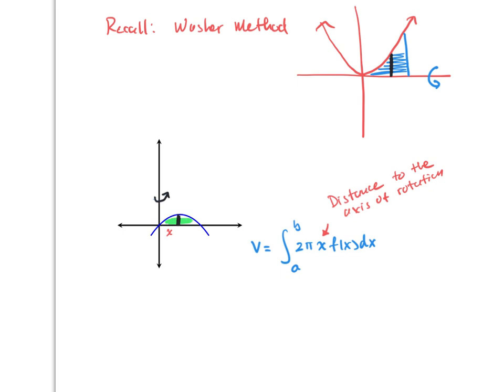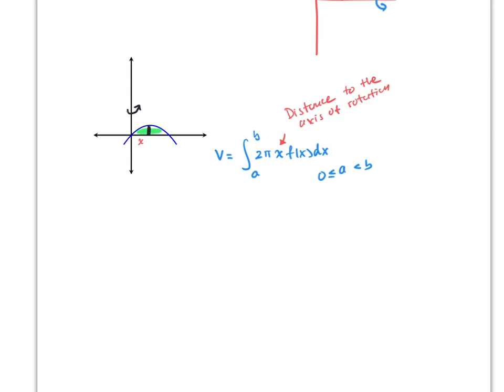And if you look at the formula for this, notice that this is very, very similar to the circumference formula, and that's no accident, because remember you have a cylinder.